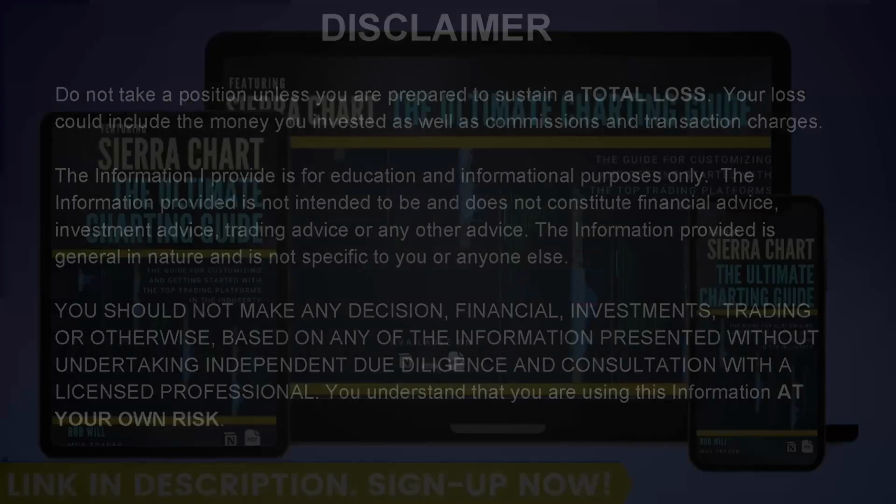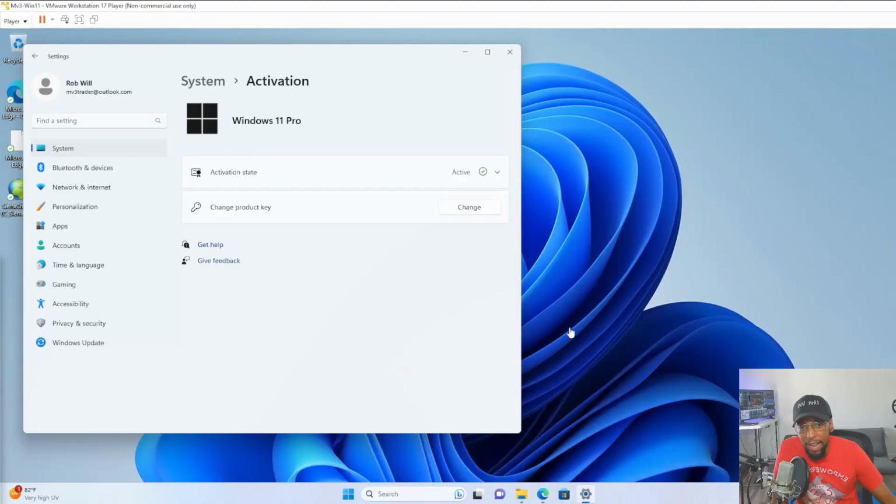The way that I'm doing this is, you see here, I have Windows 11, but this is in a VMware. This is Windows 11 Pro. I want to show it on Windows 11 just for anybody that may still be curious if Sierra Chart works on Windows 11. It does.